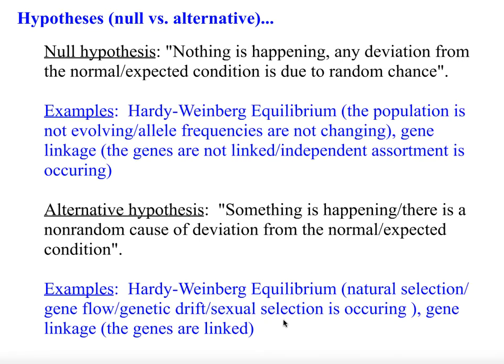Something is happening that is going to change the allele frequency. And then in gene linkage, it just means, okay, the genes are linked. They're on the same chromosome, whatever. Independent assortment is not the cause of the phenotypic frequencies in the F1 or F2 generations.